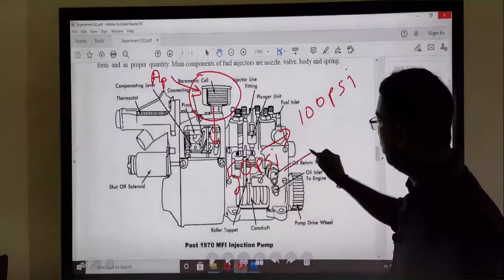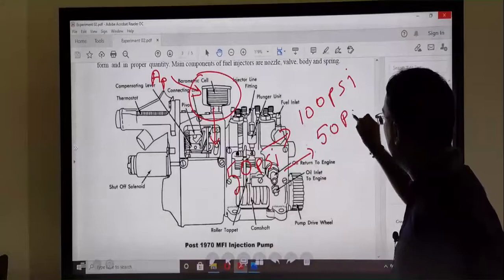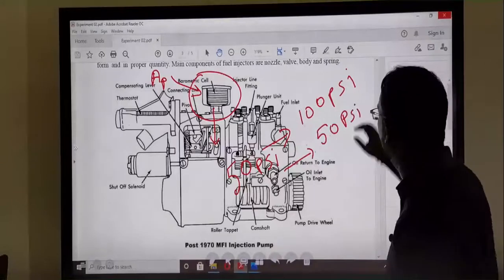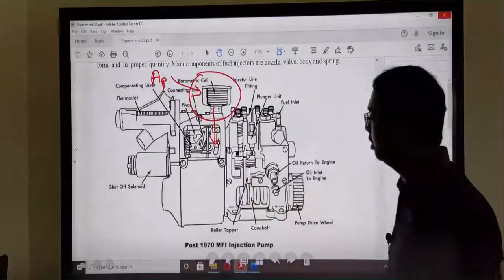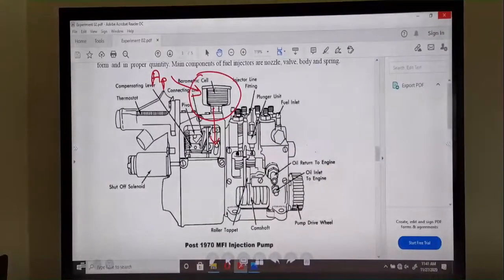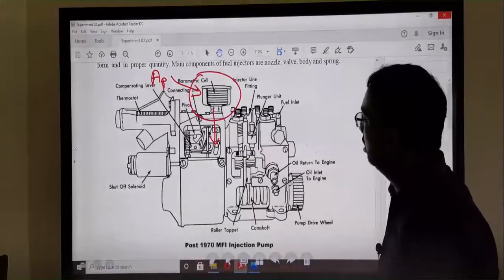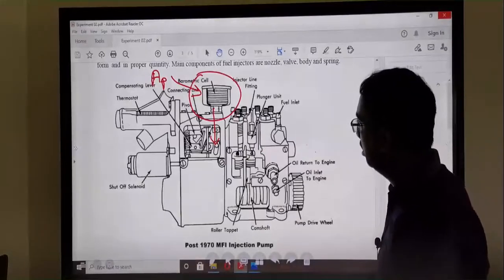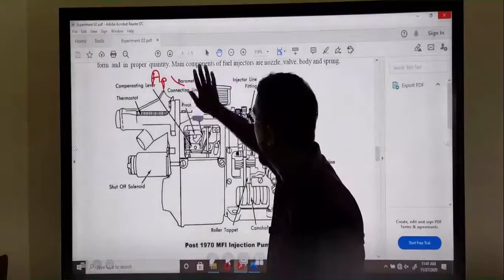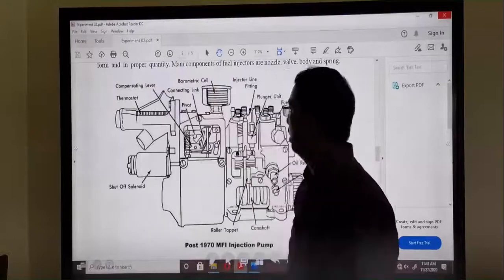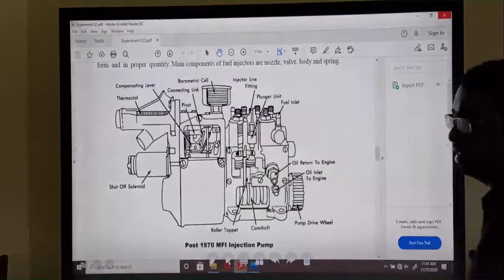Now it needs to achieve only 50 psi more, so that efficiency is very high. This is why these types of barometric cells are used to increase the pump's efficiency.